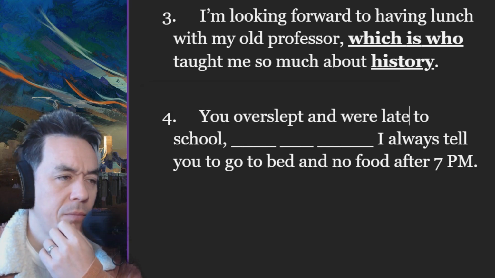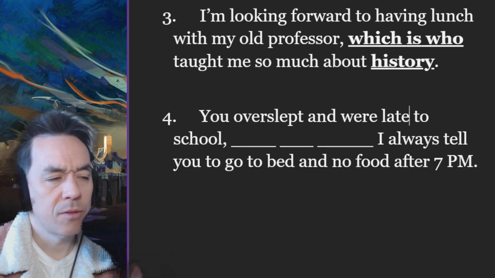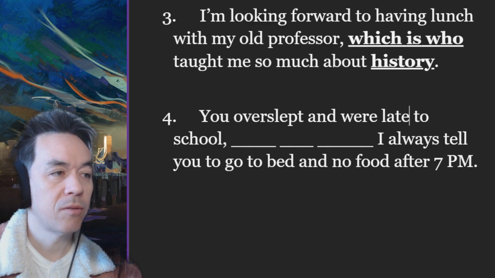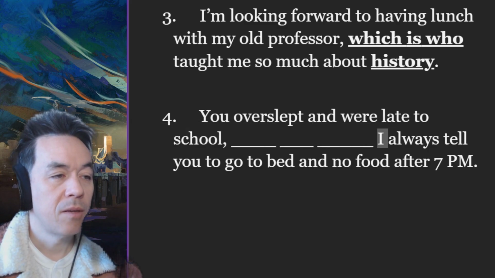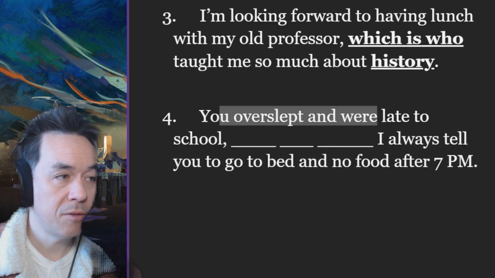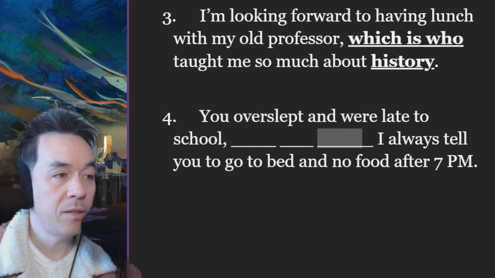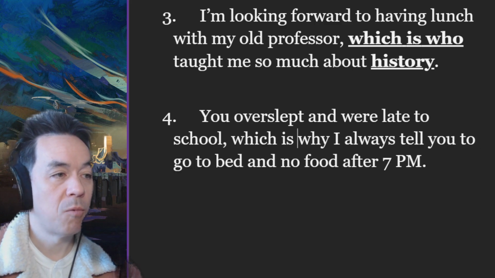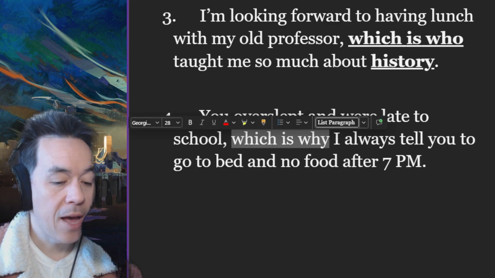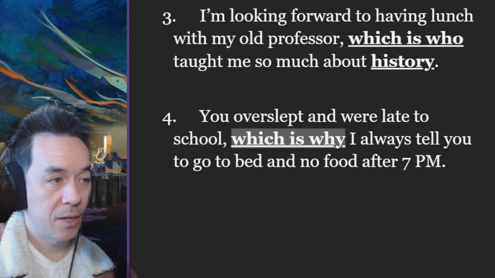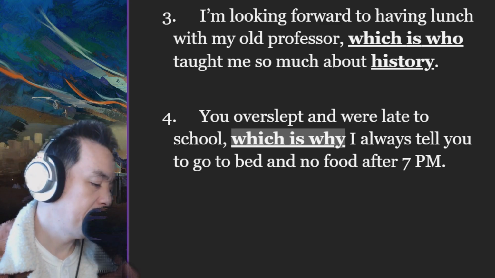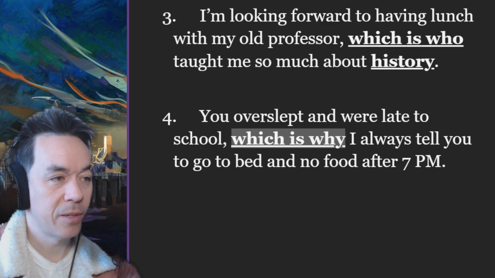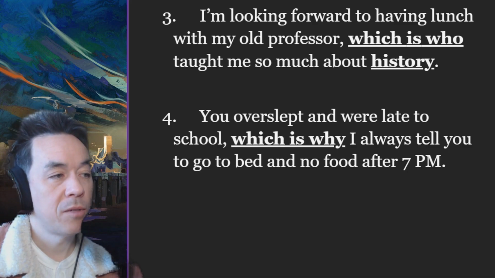You can see there's a kind of causation connection here. So it sounds like because I tell you to go to bed, no food, because you overslept. So that sounds like the reason, right? So we can note which is why, that is why, that's why. That's why is maybe the same meaning. I recommend which is why. Which is why I always tell you to go to bed and no food after 7 p.m.